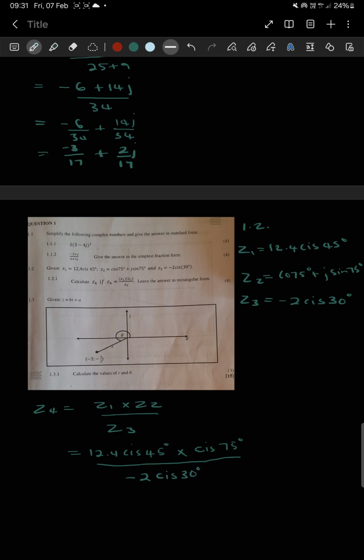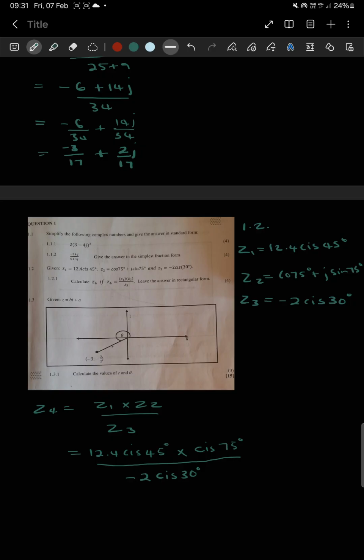What do our laws say with regard to multiplying in polar form? When multiplying complex numbers in polar form, you multiply the moduli, then you add the arguments.